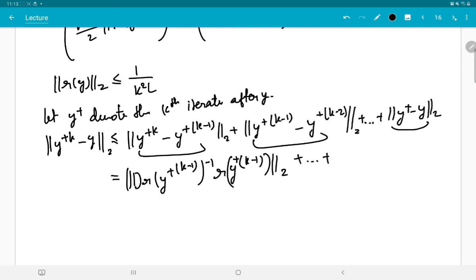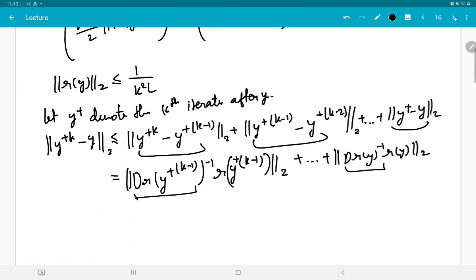And now these differential terms are less than or equal to k by our KKT matrix assumption.